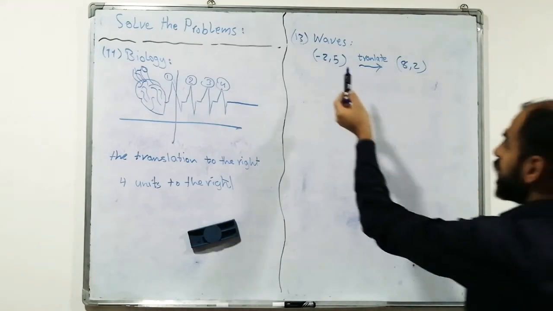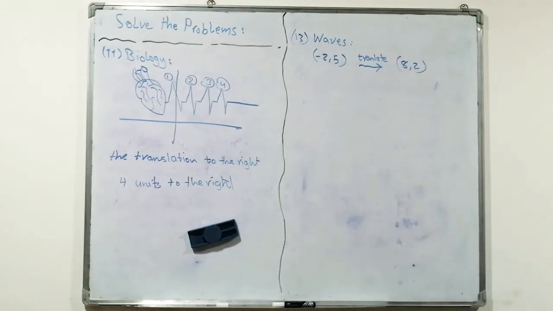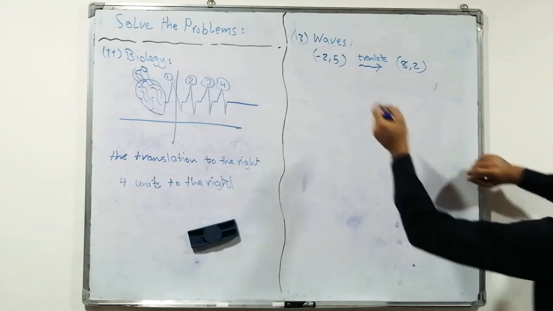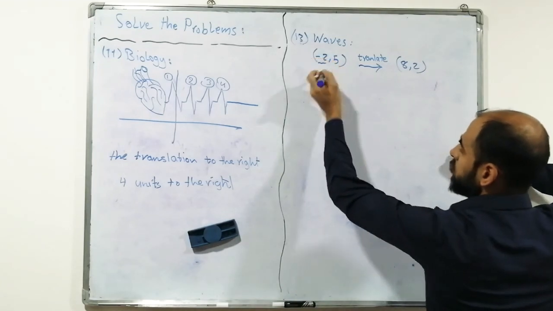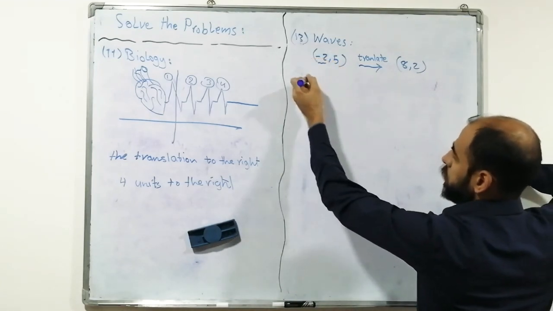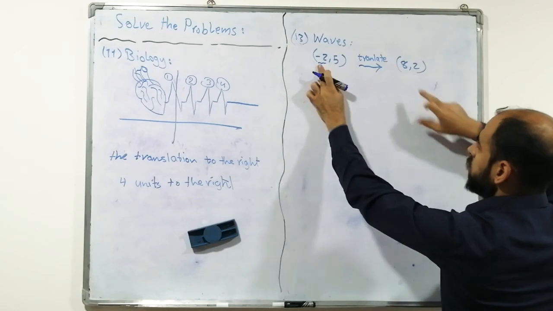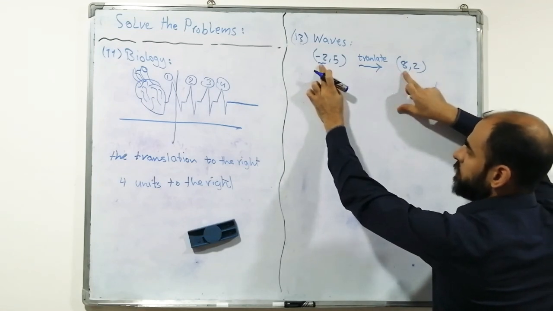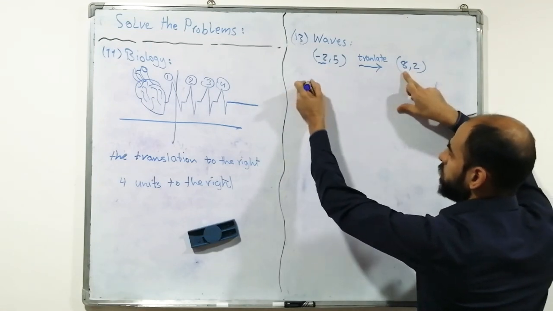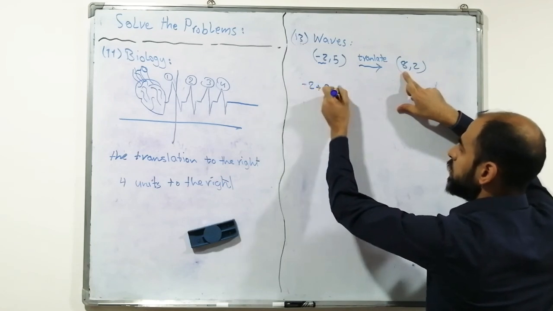Here we have to calculate the translation of the point and the direction of the translation. To count the translation, we have the change in x, the first part of the point. That means -2 plus a equals 8.